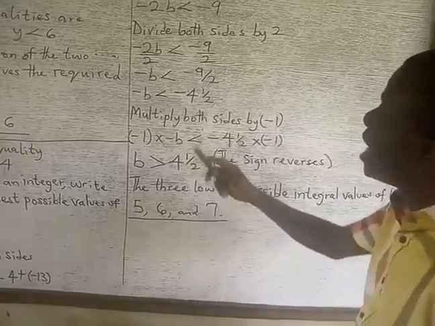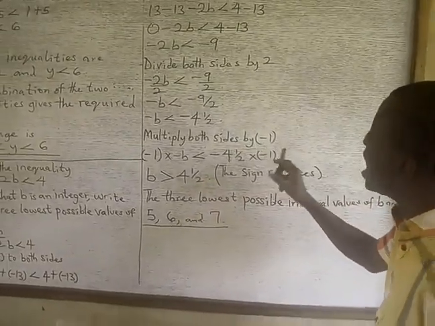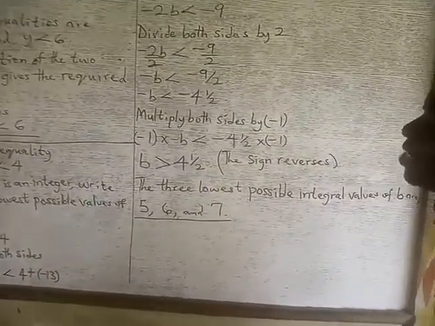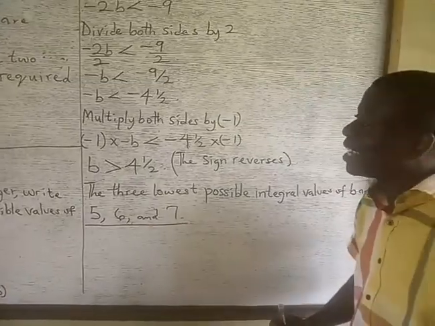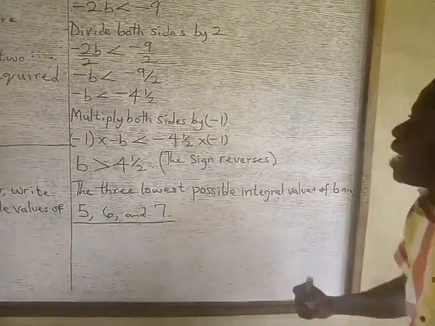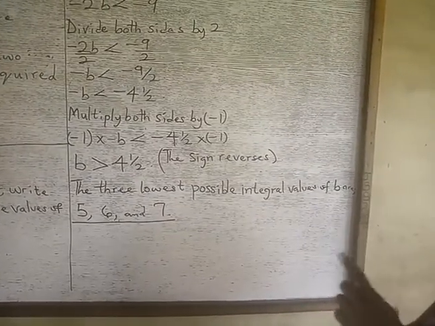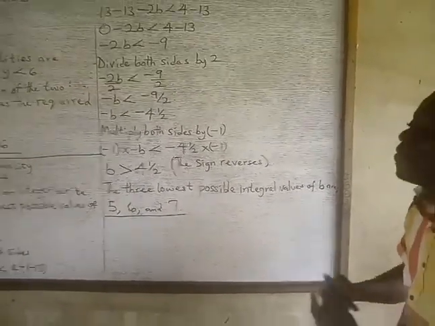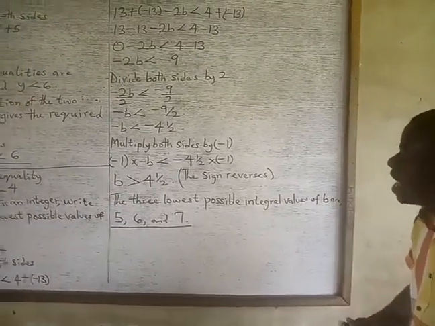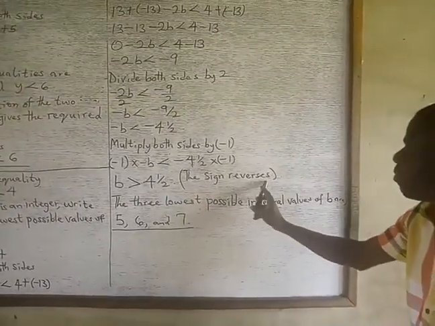All we need there is to multiply both sides by minus 1. And do not forget, as you were taught in class, when you multiply an inequality by a minus sign, the sign reverses. It is there on the board.